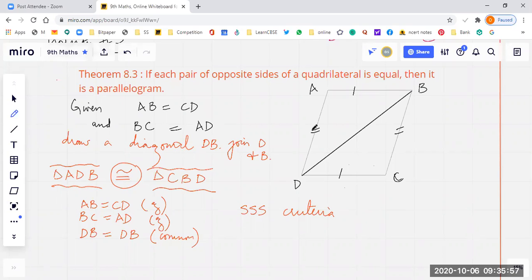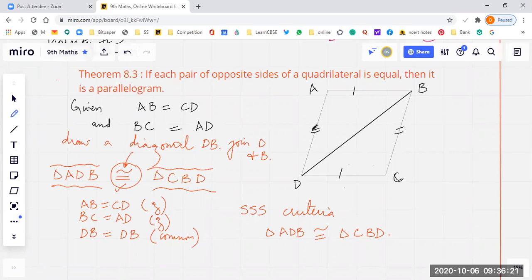Congruent triangles are also similar, but in addition to being similar, they are equal in area also. That makes them congruent. By SSS criteria, I can say triangle ADB is congruent to triangle, tell me students, CBD.